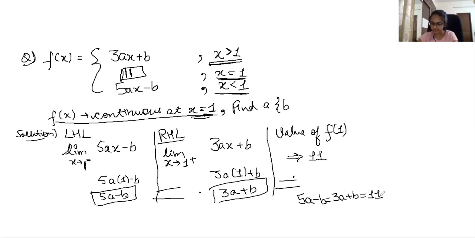If it has to be continuous, it has to be LHL equals RHL equals 11. So by this, if we have to find the values of a and b, we have two equations here. I'm rubbing it from the top.